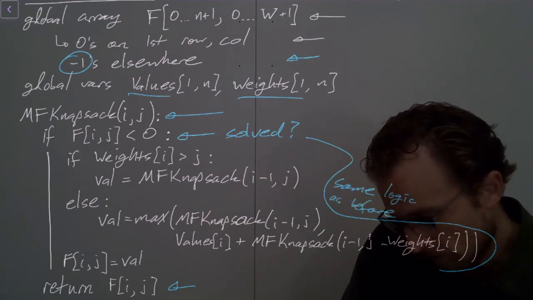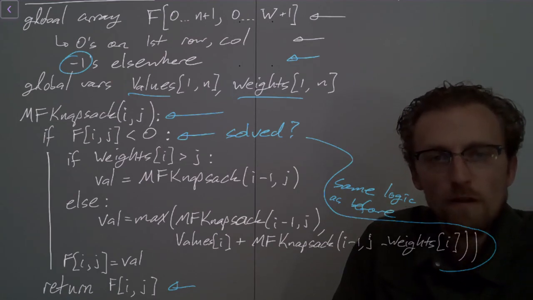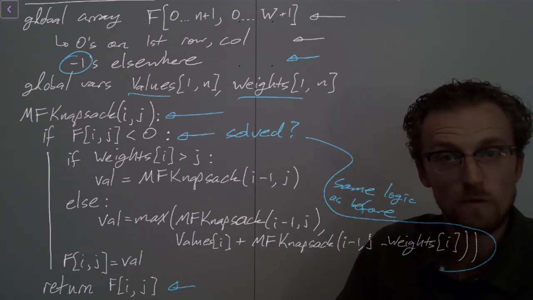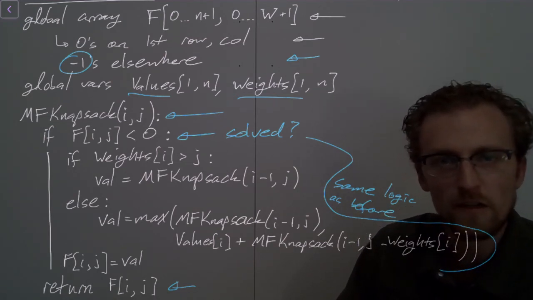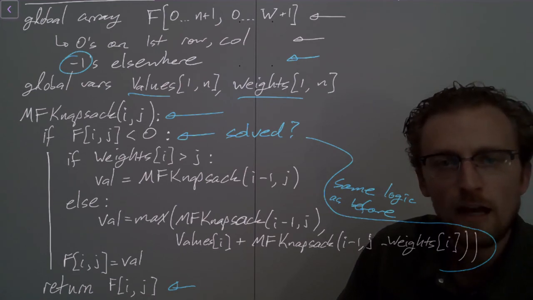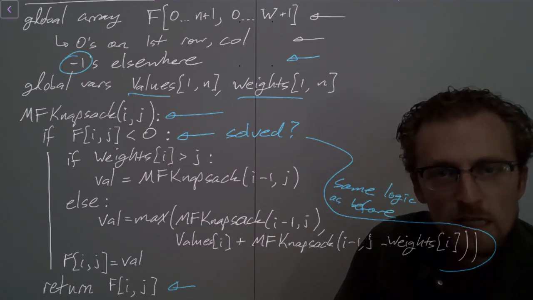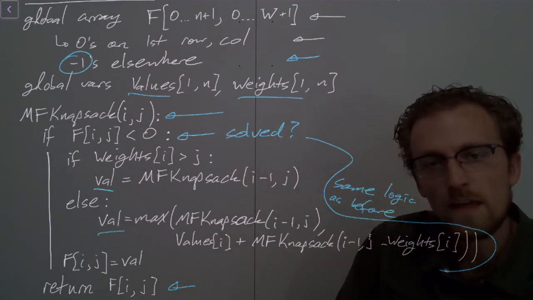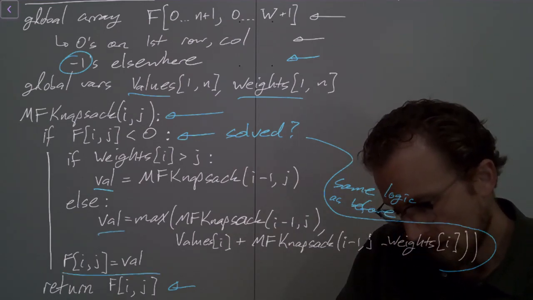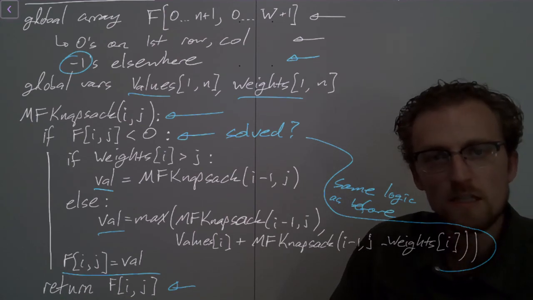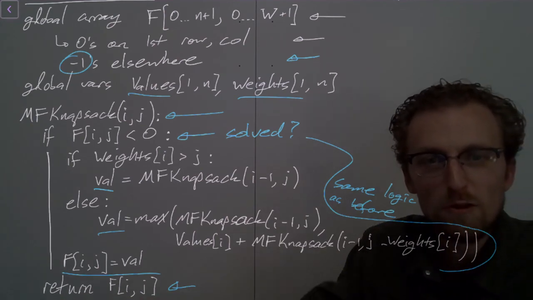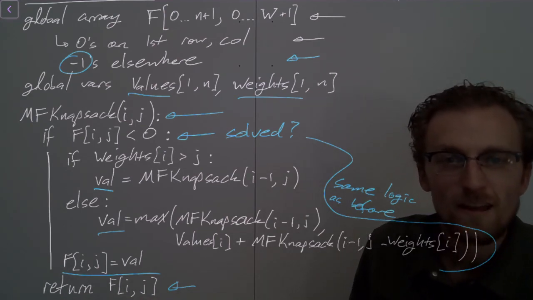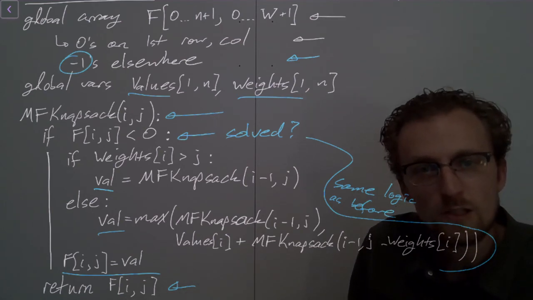So this is the same logic as before, and the only difference is that when we make these recursive calls on the memory function Knapsack for the problems we need to find, and we find that value, we store it in something called val, and then at the end we put val in the array. This is a way of saying to future versions of ourselves, we know the answer here now, you don't have to solve it again.